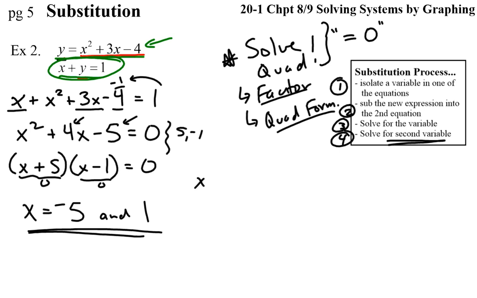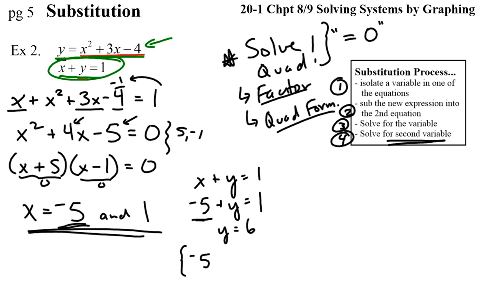We believe that x plus y equals 1. So our first choice was we thought that x was negative 5. So in this case, when I solve for y, I get 6. So we believe one solution is negative 5, 6. But we also had the second solution where we believed x was 1.